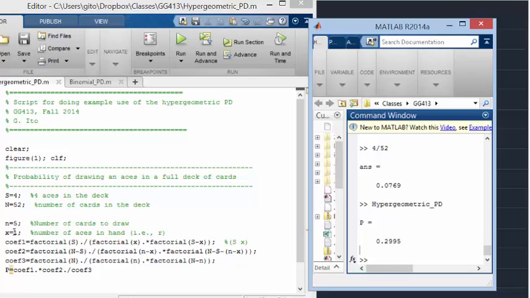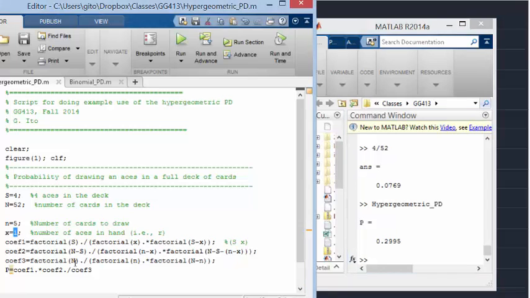We can play with these numbers. What's the probability of getting 2 aces out of being dealt 5 cards? The answer is 0.04. 1 in 25 hands we're going to get 2 aces.